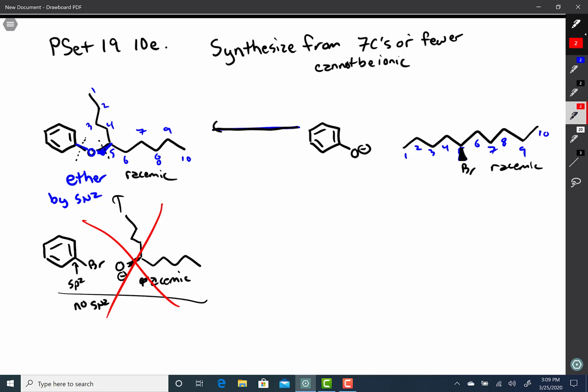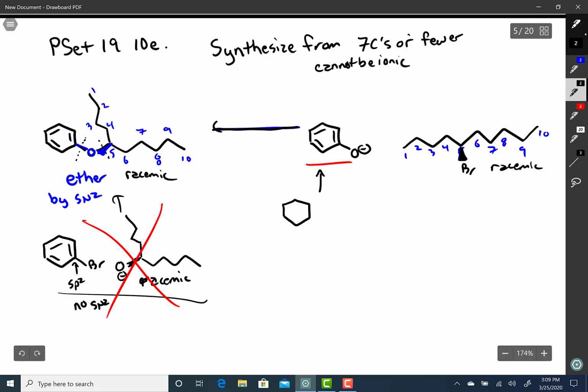This molecule here, we have to make because it has 6 carbons, so that's 7 carbons or fewer, but it's ionic. And so the way we make an O- is that we make it from an alcohol.